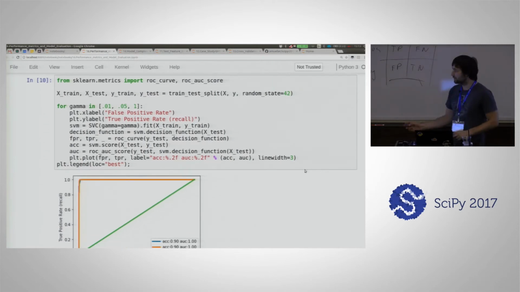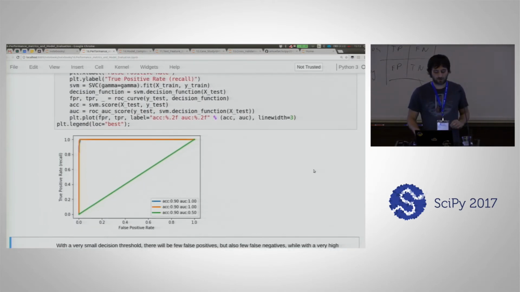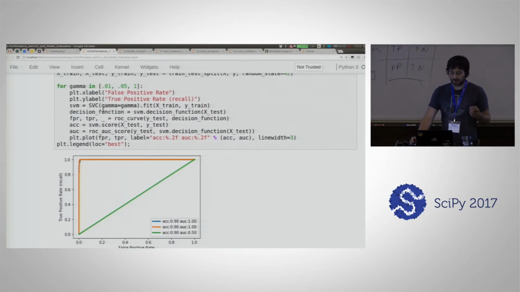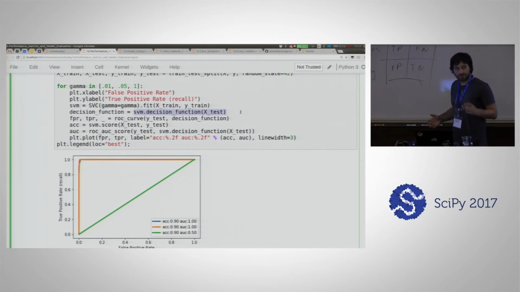What this curve does is it doesn't only compute precision and recall or false positive rate and true positive rate at one point, but it looks at the continuous output of a classifier. Here I tried the support vector machine with different values of gamma, and I look at the decision function. The decision function gives you a continuous uncertainty estimate.